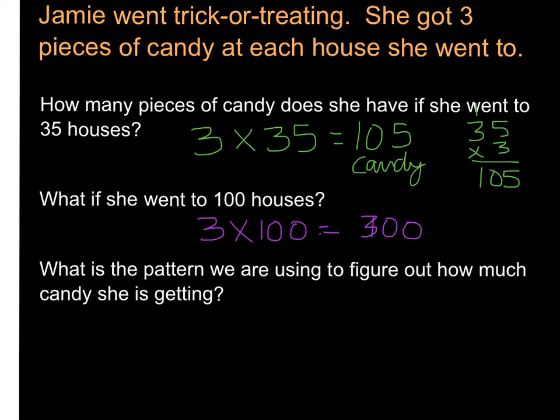Let's say we're going to a new neighborhood and we don't know how many houses are there. Well, then we're going to use something called algebra, which simply means that we're going to use math with letters that represent mystery numbers. We could pretend that H represents the number of houses there. And what are we going to do with H?